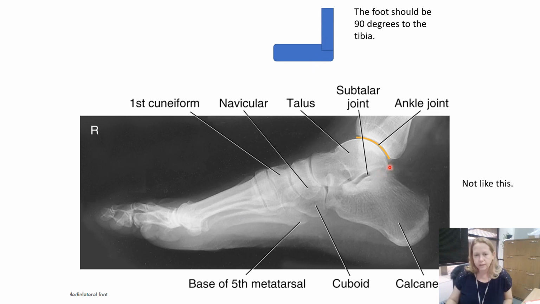Anyways, that's why I put this ankle bone, or the tib fib, should go right here. All right, that's how I know it's straight. This actually looks very straight. Here's the base of the fifth metatarsal, here's the cuboid, the calcaneus, the navicular. This dome one is the talus, and there's your cuneiforms, okay?